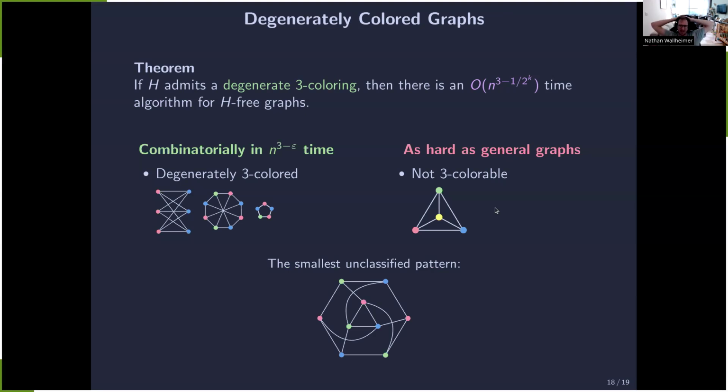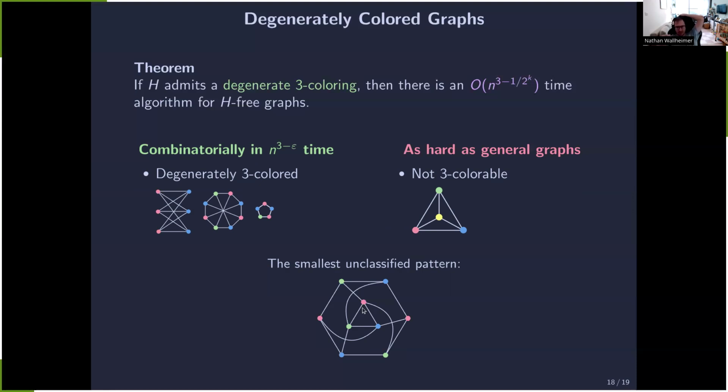Now the next thing to ask is what are the patterns that do not admit such a coloring? So here's the smallest unclassified pattern in our result. It has 9 vertices. It contains a triangle and a 6 cycle. And you can check for yourself that while it is 3 colored, there is no degenerate coloring.